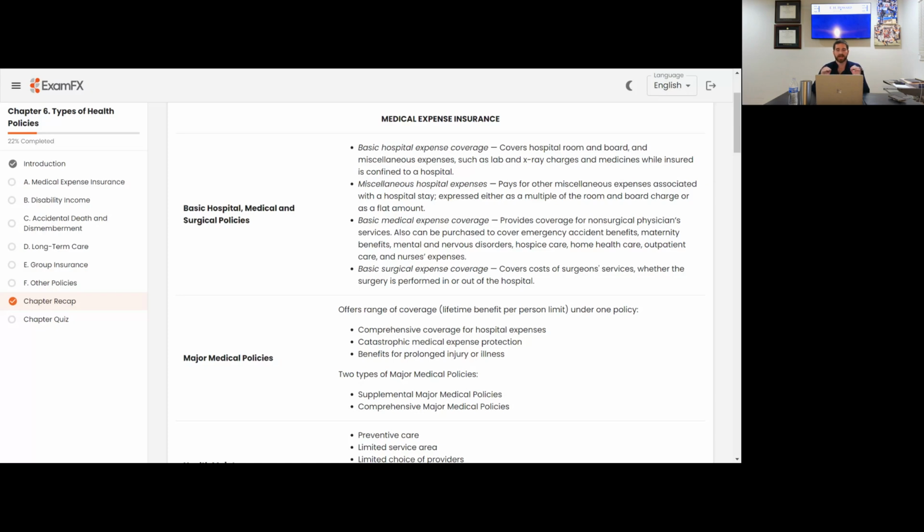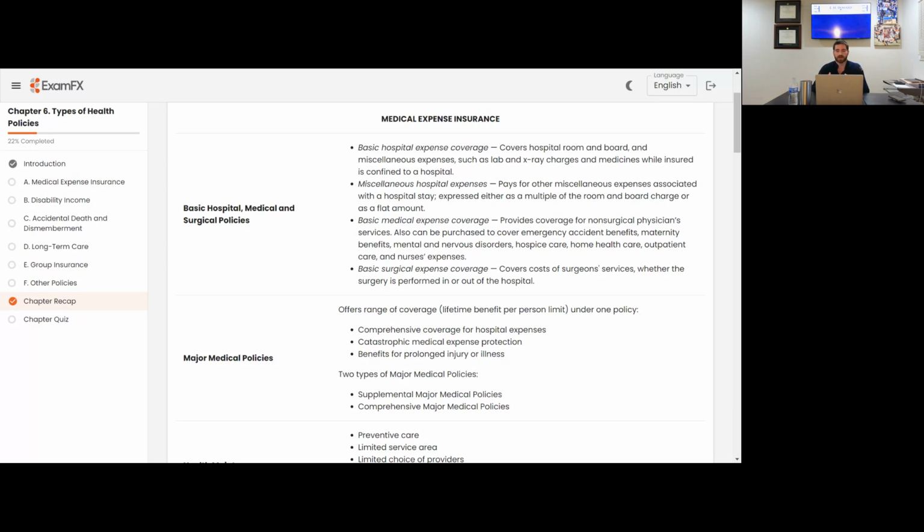And understand that the basic medical expense coverage is going to provide you coverage for non-surgical physician services. It can also be purchased to cover emergency accident benefits, maybe maternity, mental nervous disorders, hospice care, home health care, outpatient care, and nurses' expenses. So that's typically things outside of the hospital.